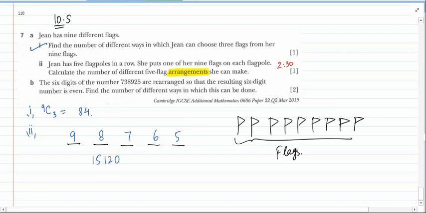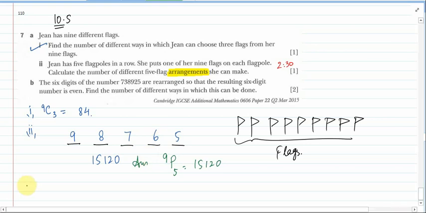And if you apply the formula, the total options are 9 and she needs to select 5 of them. So it's 9 permutation 5, which gives you the same value of 15120, and that is your answer. Alright, moving on to the next one.